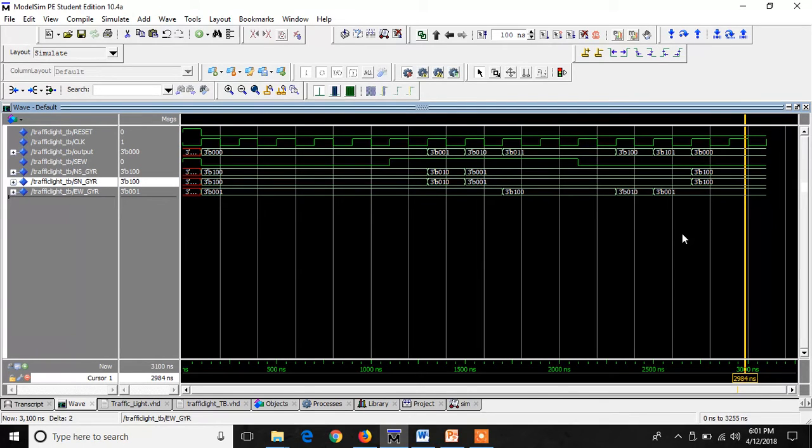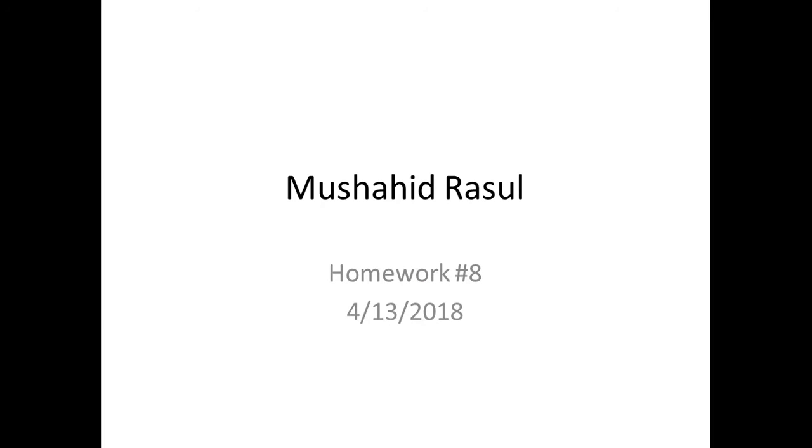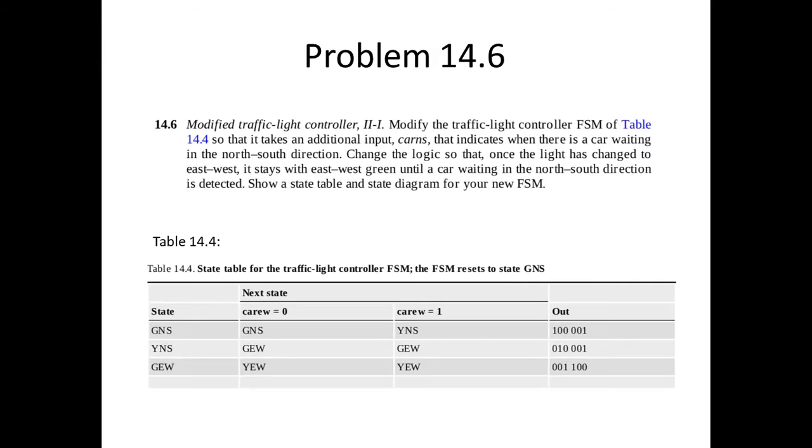Thank you very much. Hello and welcome to part 2 of homework 8. In this problem, we have to modify the traffic light control in table 14.4 so that it takes an additional input car NS, meaning a signal for the north-south direction that indicates when there is a car waiting in the north-south direction.